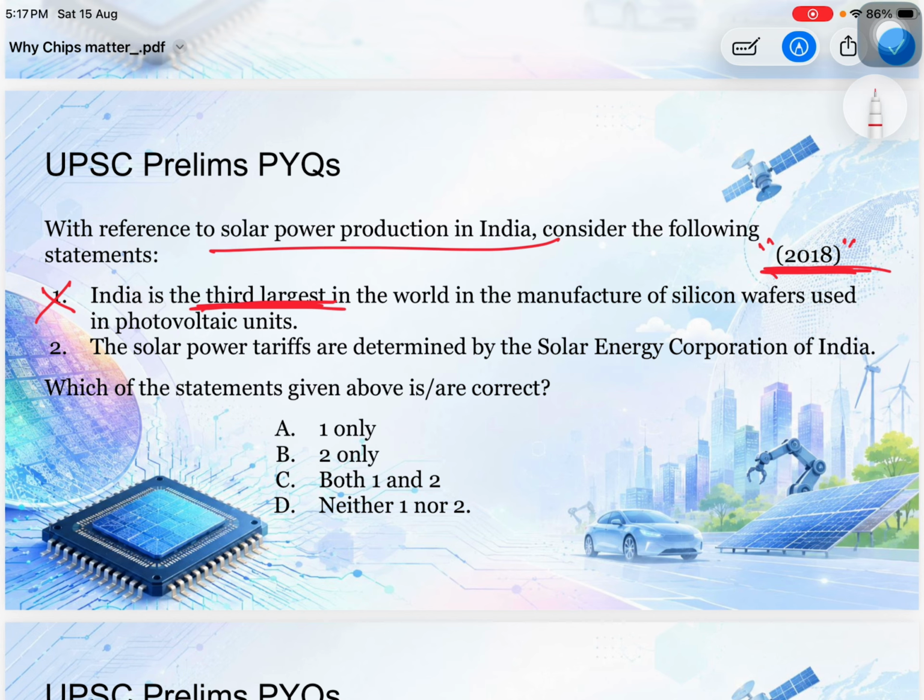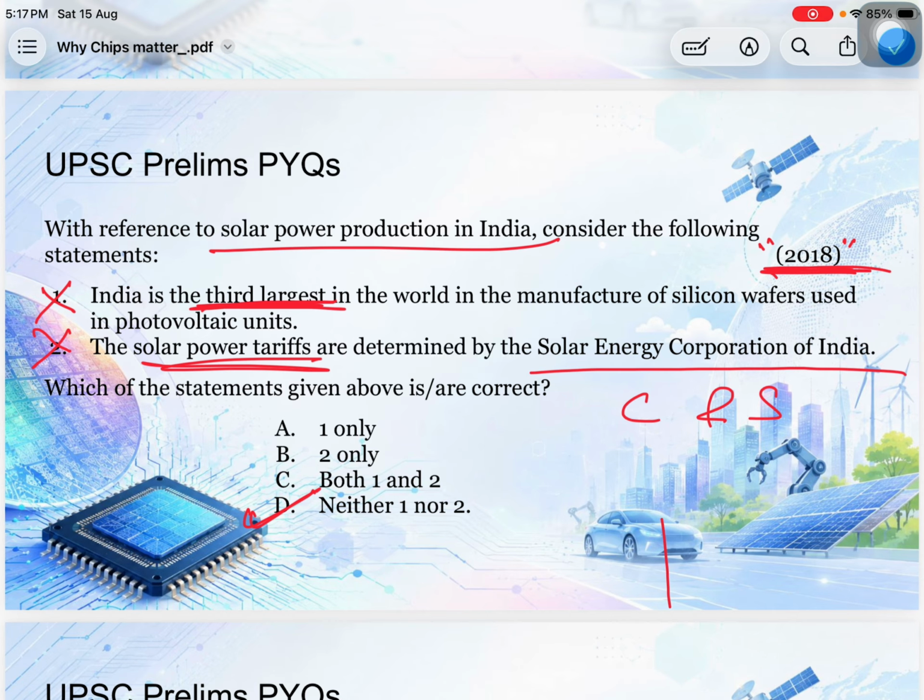The solar power tariffs are determined by the Solar Energy Corporation of India. So this is actually a wrong statement. I'm sorry, there are other bodies, central and state level bodies, which determine the solar power tariff. This is not directly from this class, but letting you know that both of these statements are wrong. So the answer would be D here.